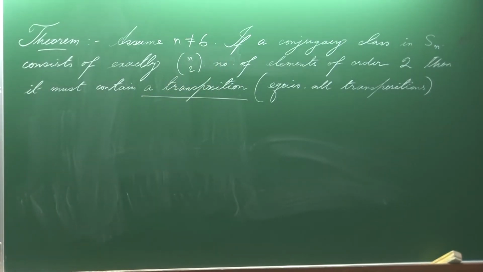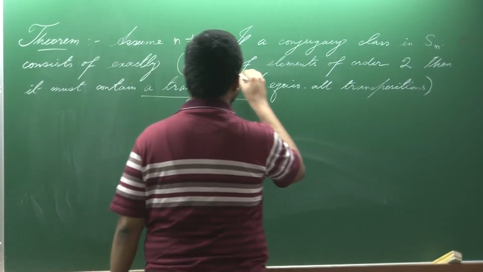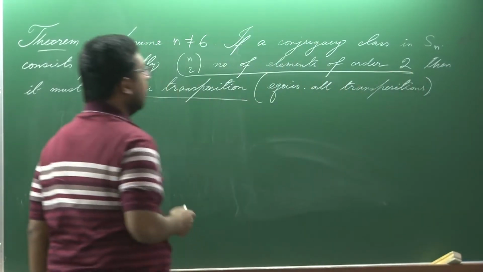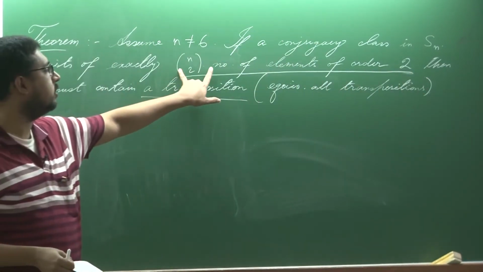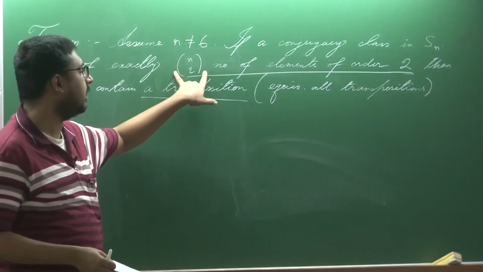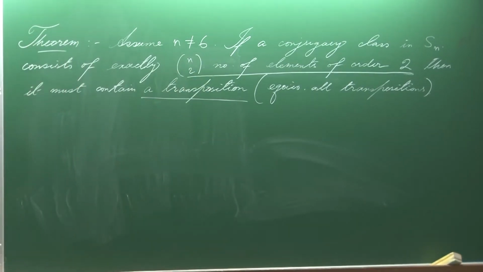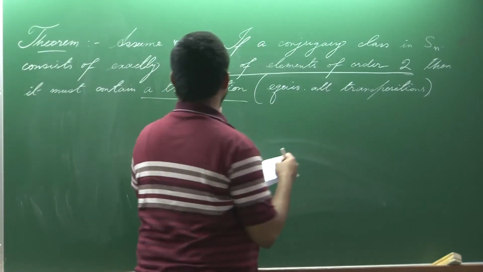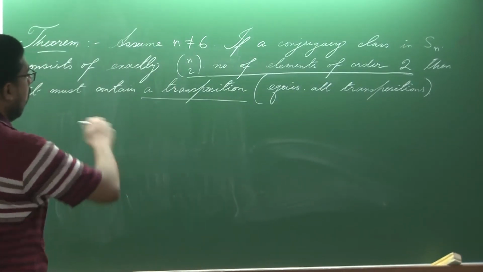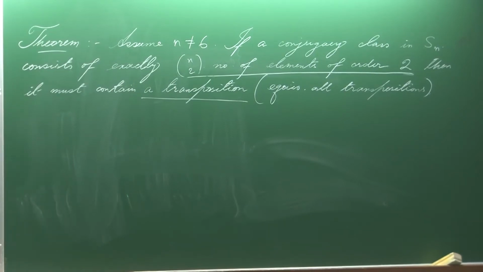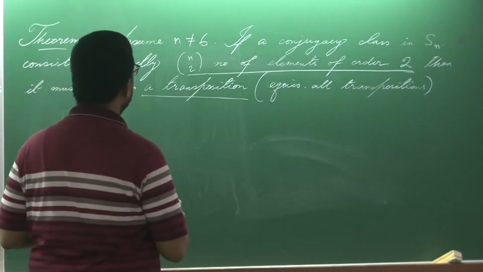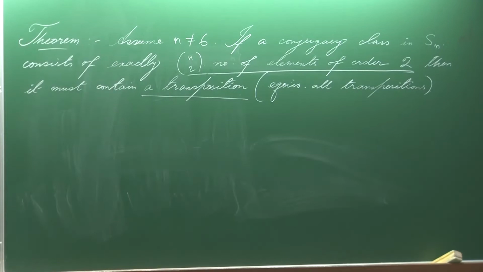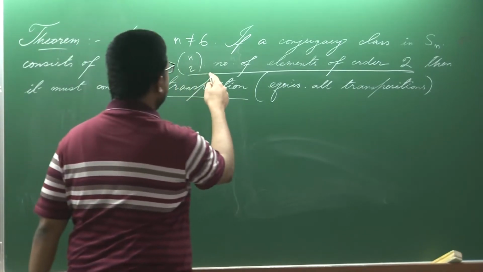In a conjugacy class all the elements have the same order. So, from this one can immediately conclude that this is exactly the size of the class, because all elements in that class have order 2.